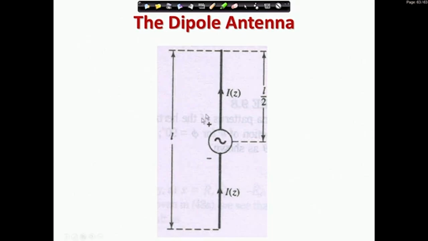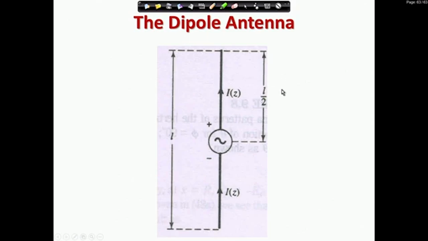It has a length L. It is symmetrical, and has two parts, each of length L by 2. These are called the poles of the antenna. This is the upper pole, this is the lower pole, and between them there is an AC voltage source. This is the structure of the dipole.